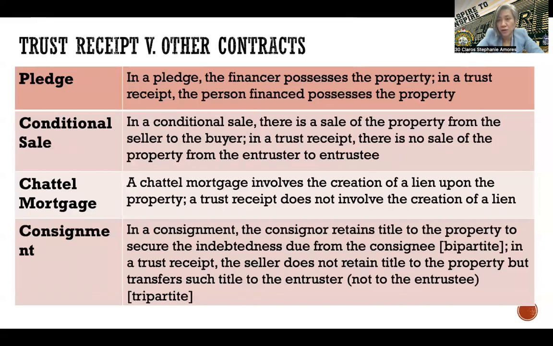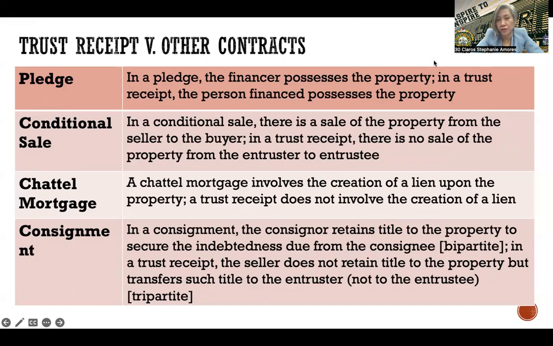So how do we distinguish the trust receipt transaction from other kinds of related contracts? Unlike a pledge, guys, when you pledge a thing, you have to surrender its possession to the pledgee.